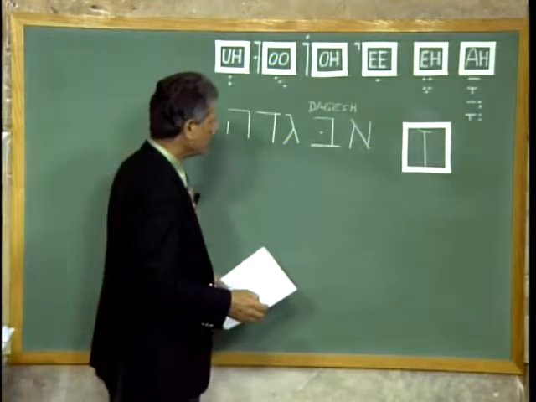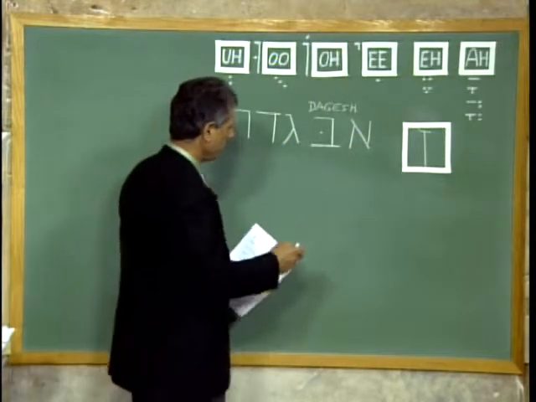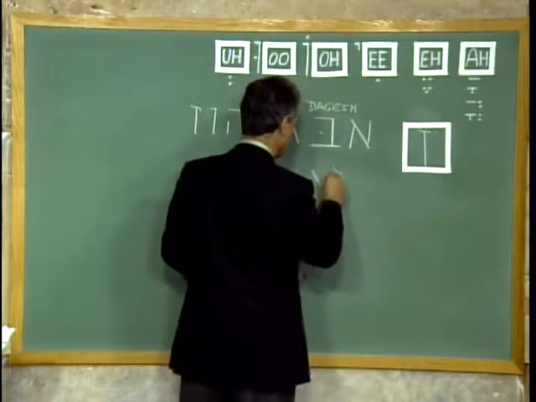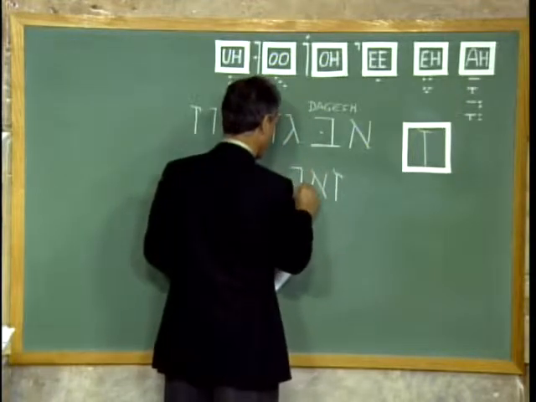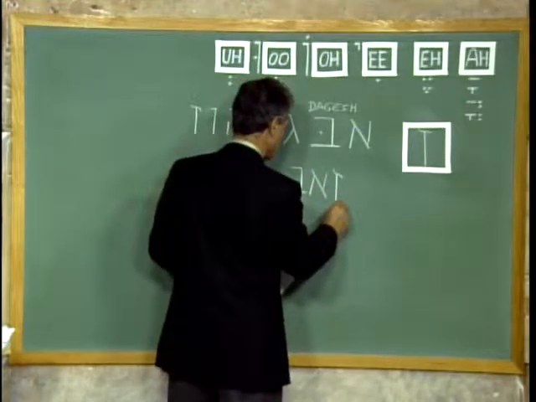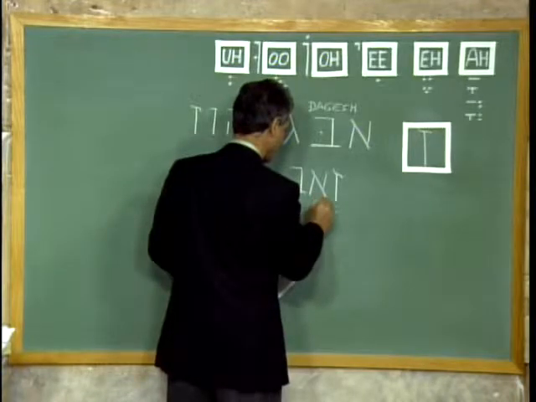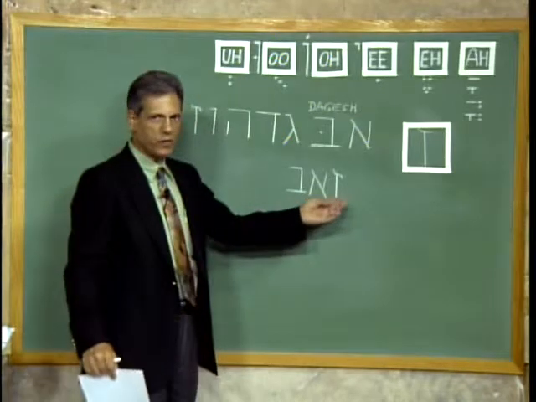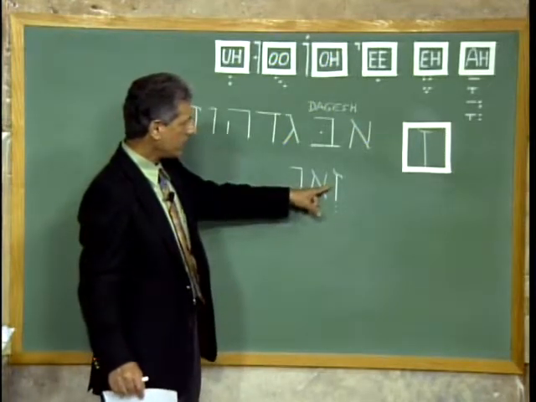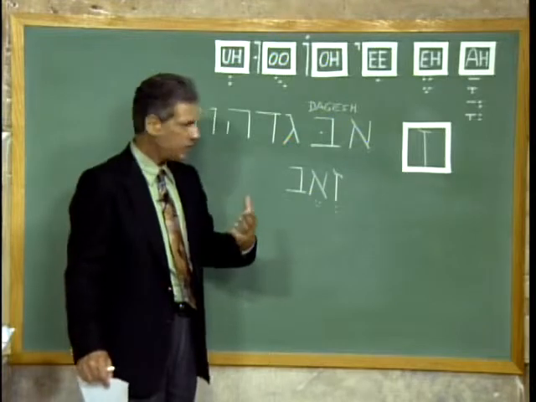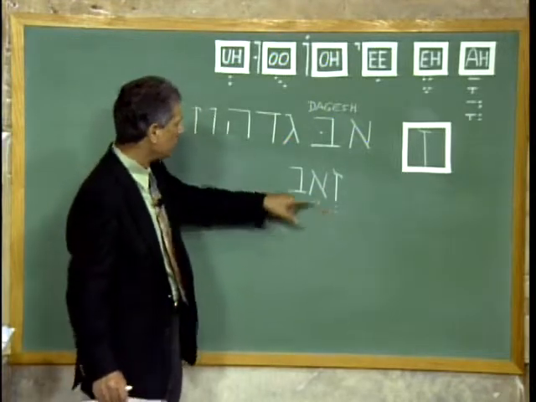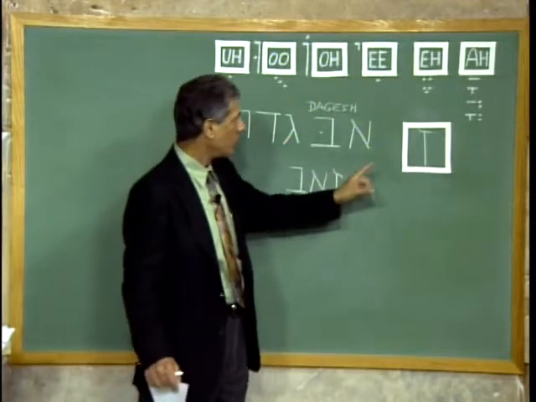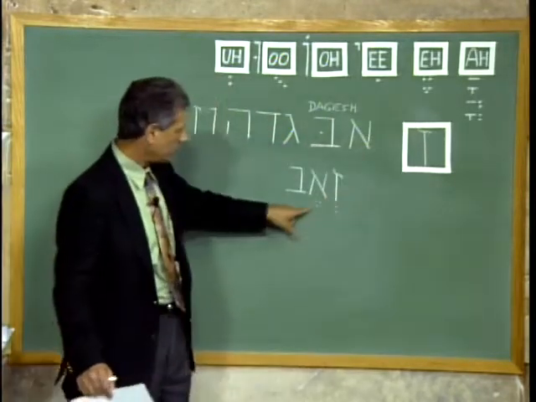What we can do is put some words up here. Here is one. To read this word, of course, we go right to left. We have the letter Zayin, which is the sound of Z. Then we have an Aleph with an A sound underneath.